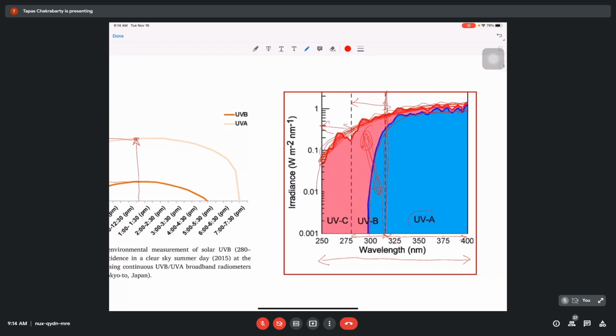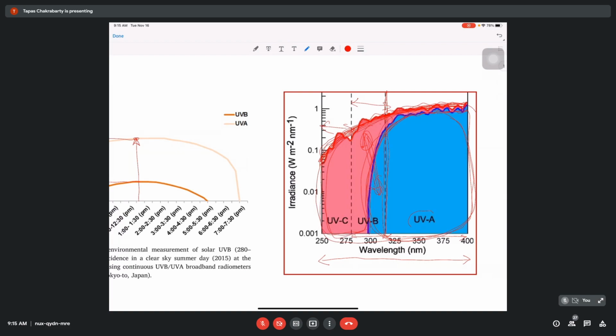This complete curve here that you can see. Now, on a shiny day, if you try to measure the intensity of solar radiation on the Earth's surface, that is the blue curve, this region. On the Earth's surface, this region is actually not available, so that is why it has been painted here.